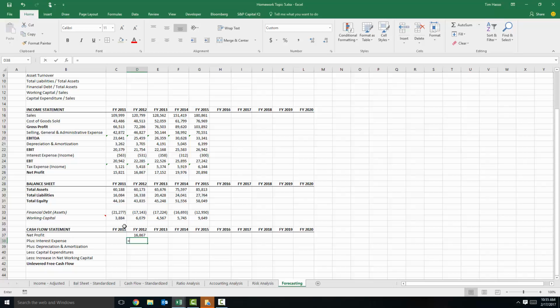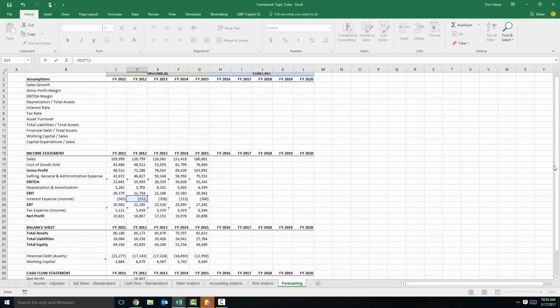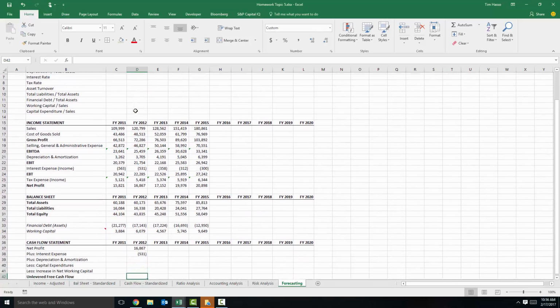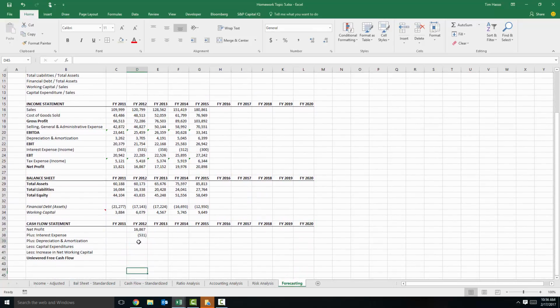Now, this is slightly tricky, but what you would do is reference D23 and multiply that by, open up a bracket, 1 minus the tax rate. Now in this case, we don't have the tax rate calculated yet, but we will be putting the tax rate into cell D8, because you see here under assumptions there'll be a tax rate. Right now it's blank, but soon it'll be populated. So we take 1 minus D8 and that will give us the after-tax interest expense.